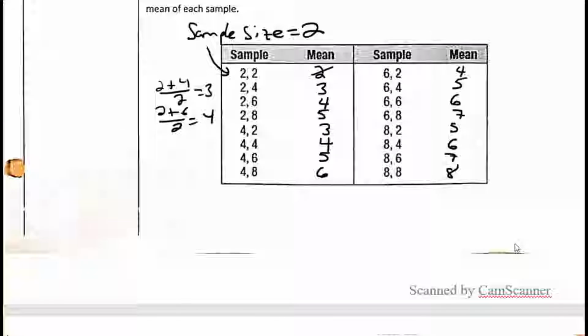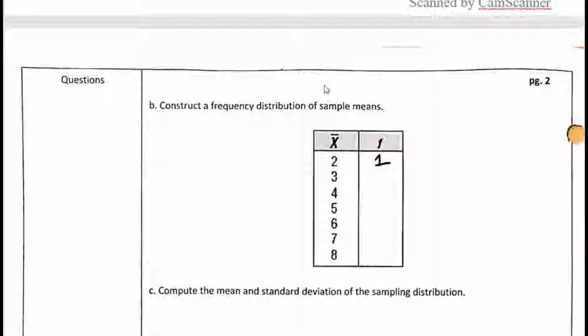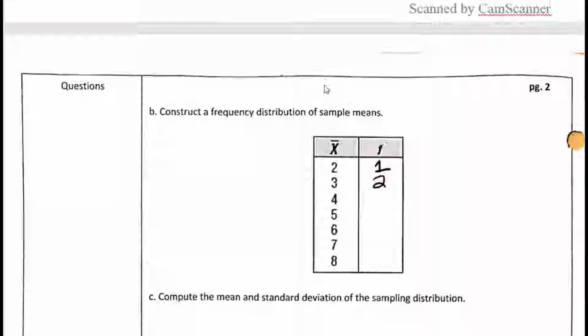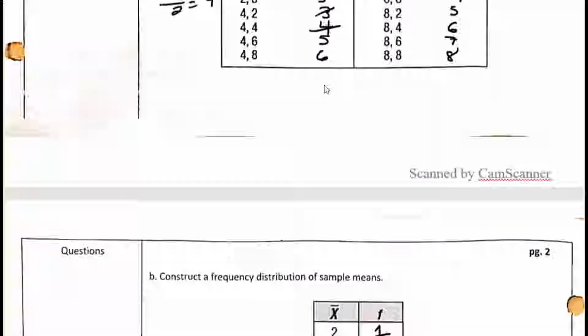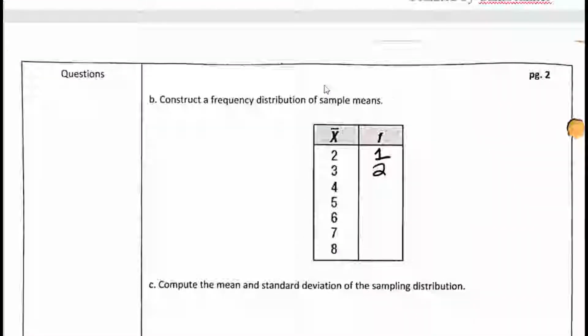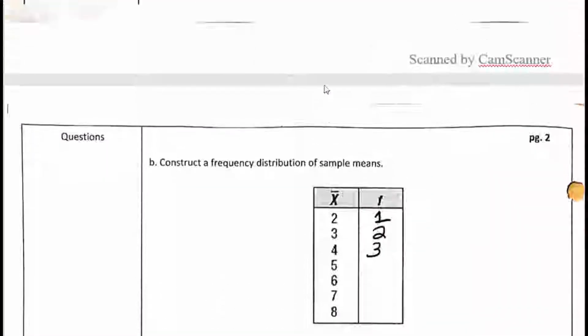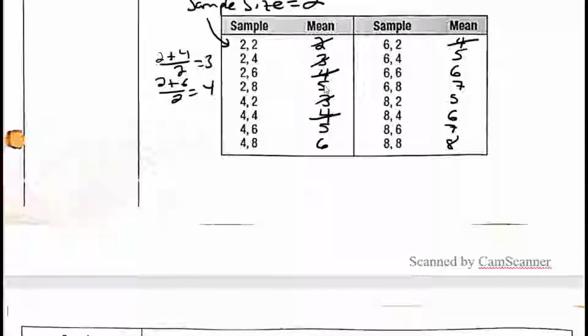For 3, how many means of 3 do we have? Well, we have 1 here, 2, and that's about it. We have 2 of them. All right, what about 4? 1, 2, 3. 5: 1, 2, 3, 4.